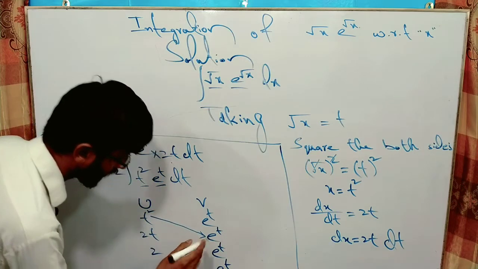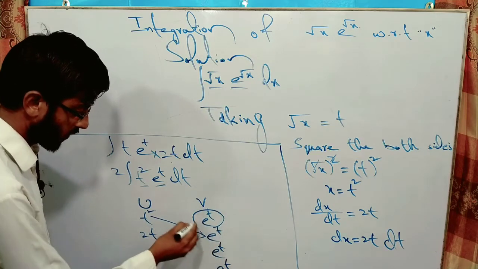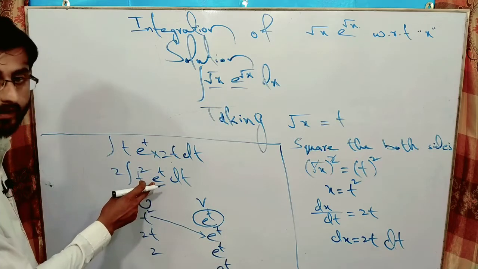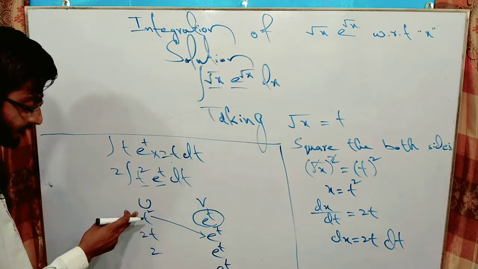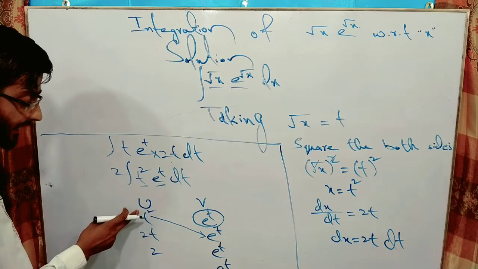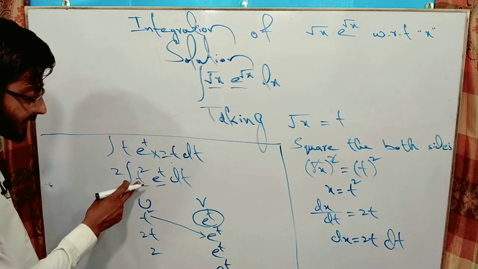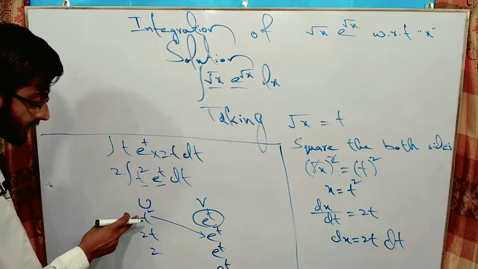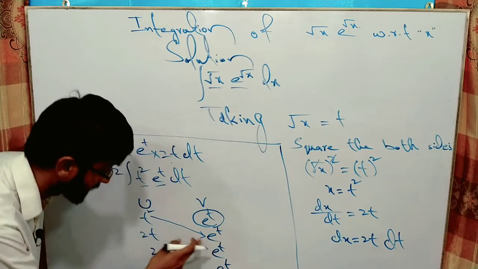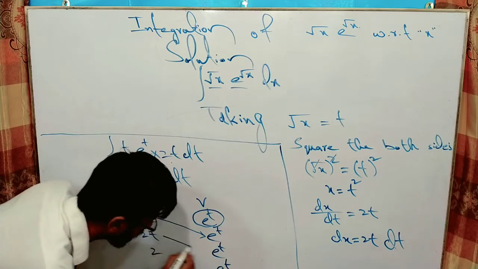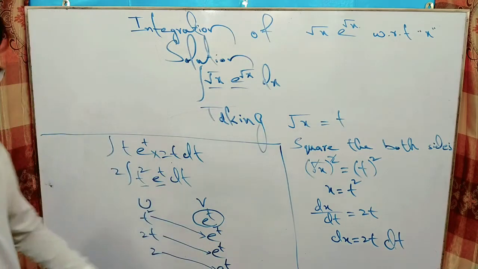We cross 2t with e to the t, and again 2 with e to the t.